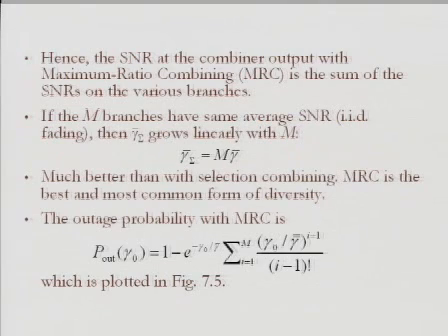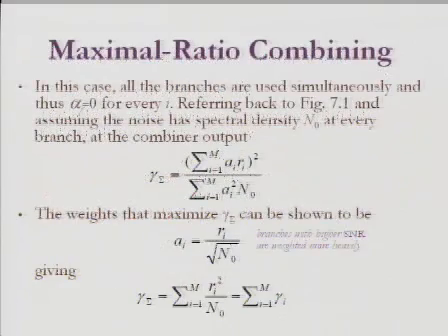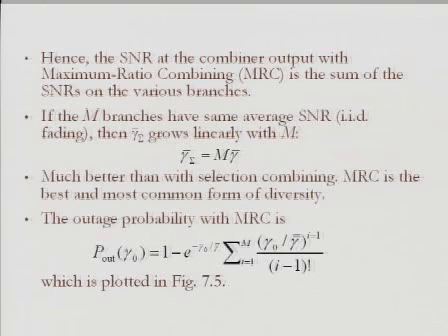Now, if all the antennas have the same average SNR, which is usually the case, then the average SNR is just the number of antennas times the SNR on one of the antennas. So this summation, if all of them are equal, just becomes a multiplier. If you have 3 antennas, you triple your average SNR, and so on.